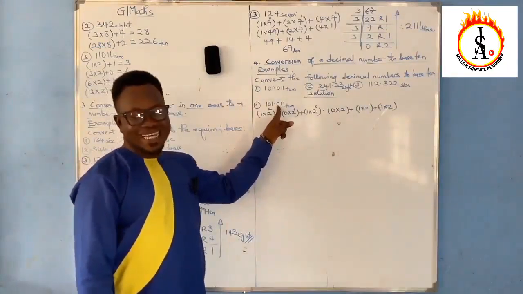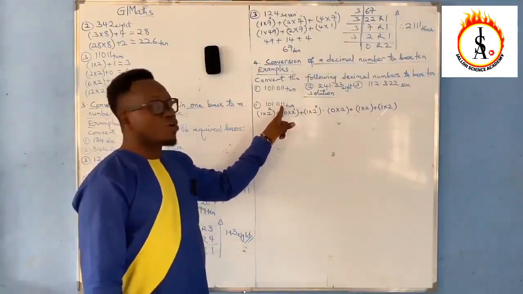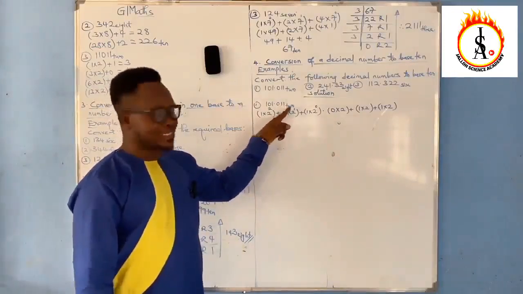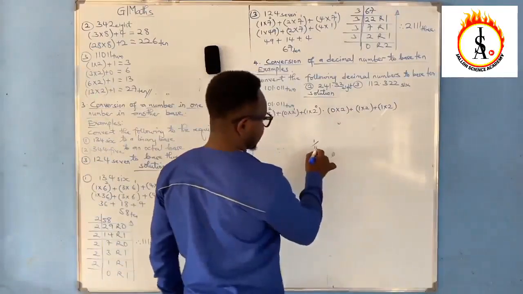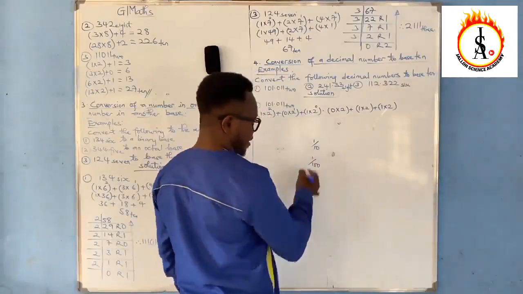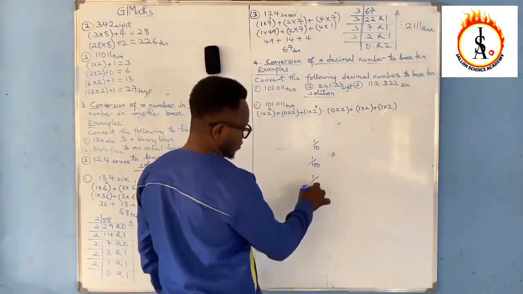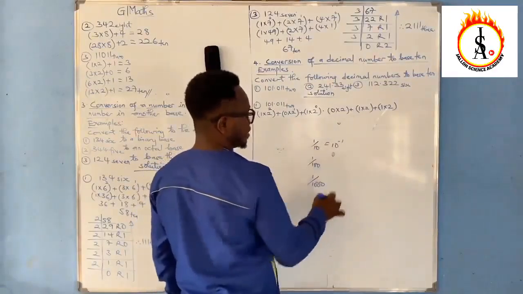This number is the tenth place, T-E-N-T-H, tenth. This is hundredth, this is thousandth. So this tenth gets a power. Tenth means 1 upon 10. Hundredth means 1 over 100. And thousandth means 1 over 1000. So this can be written as 10 to the power negative 1.